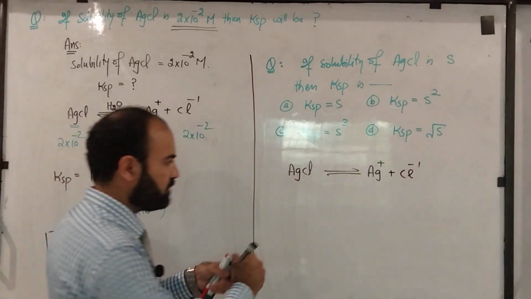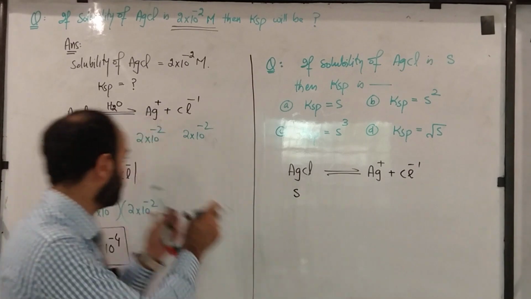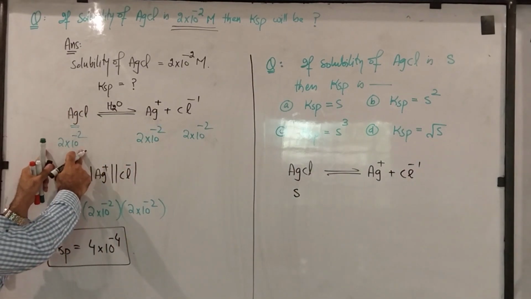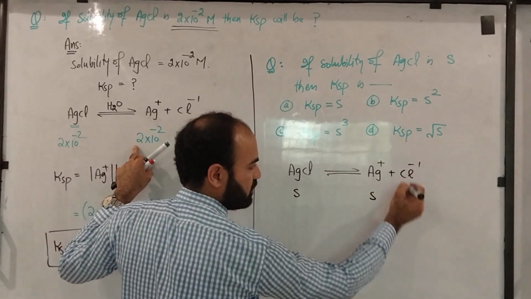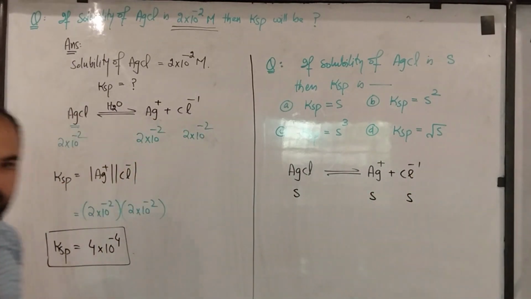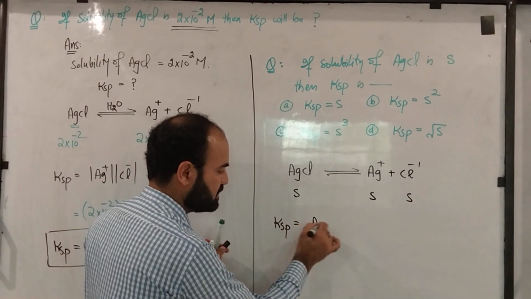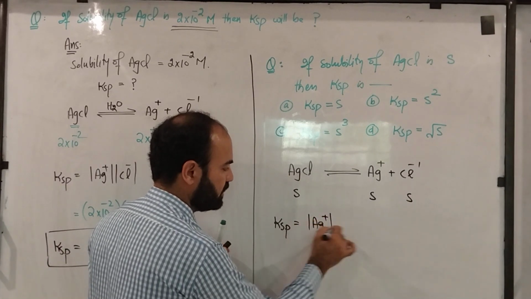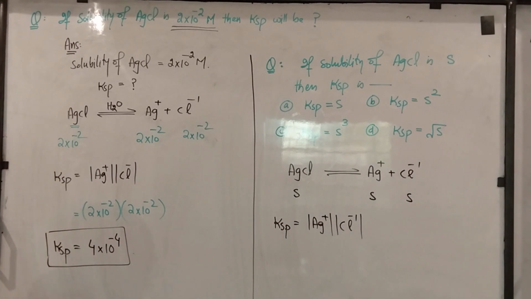Okay, if its solubility is S, then the concentration of silver ion is S, and chloride is also S. Then KSP is silver ion concentration and chloride ion concentration.